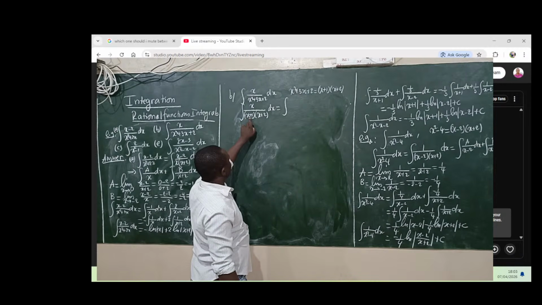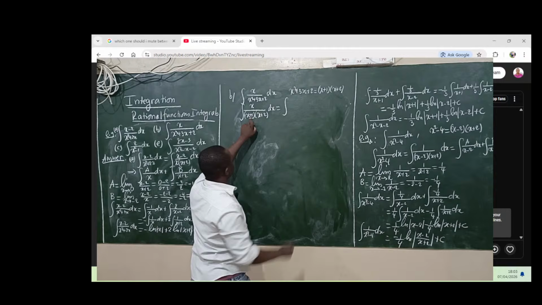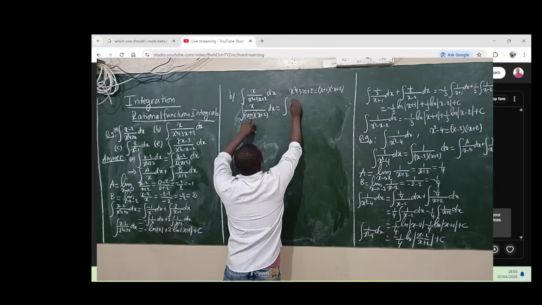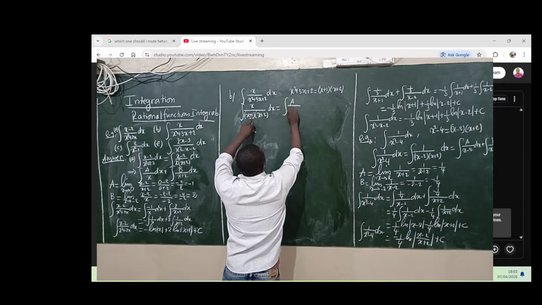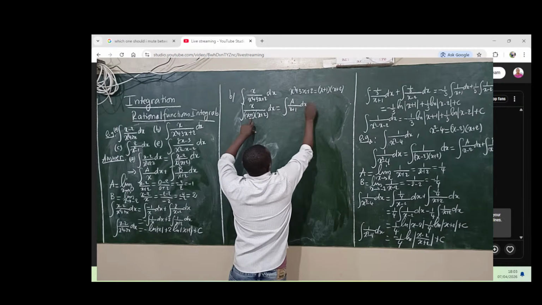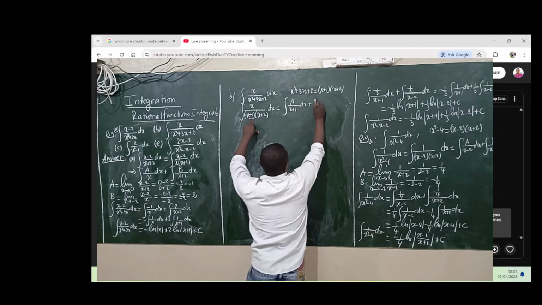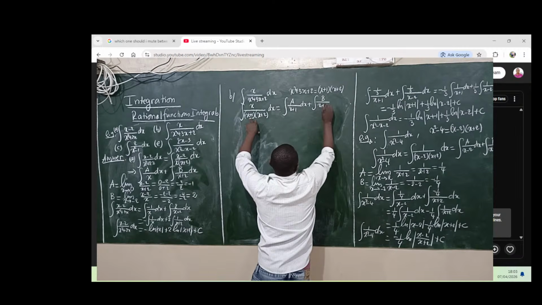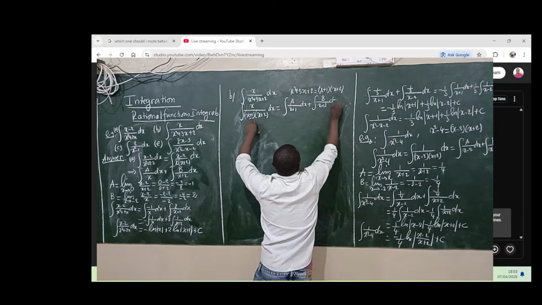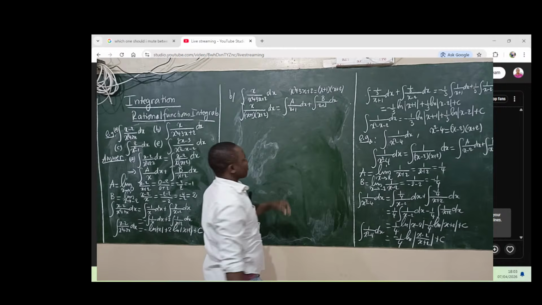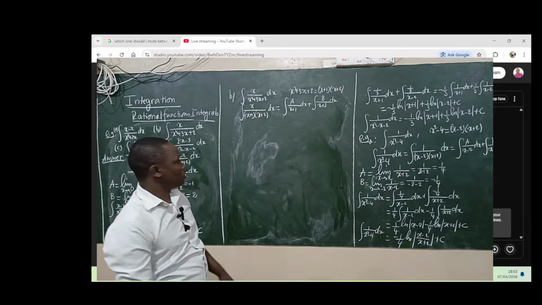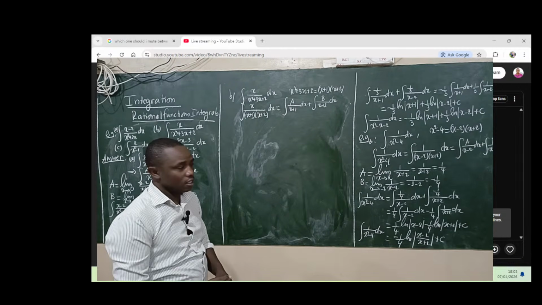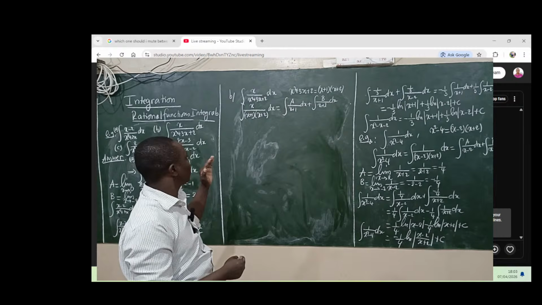Here we are going to have a over x plus 1 dx, adding b, the integral of b over x plus 2 dx. As we saw, the question is, how are we going to get A and B?